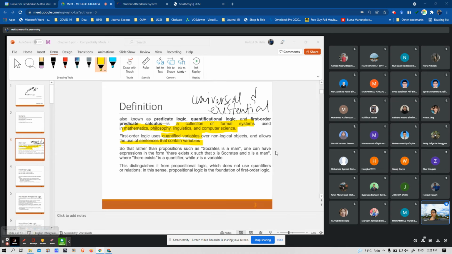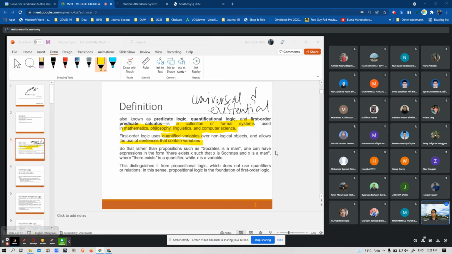Okay, we must know the proposition. The proposition you have learned in discrete structure. Proposition basically is a statement or assertion that expresses a judgment or opinion.